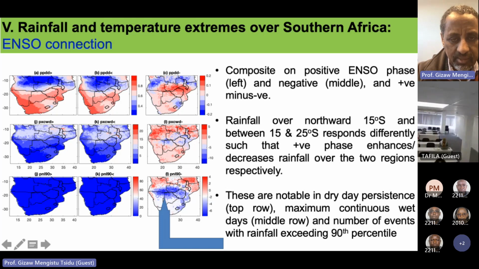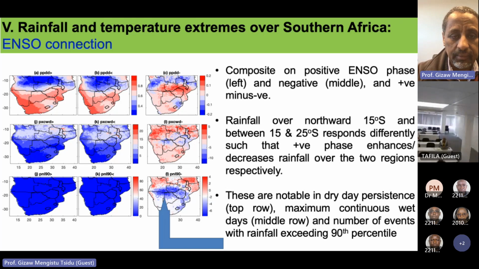But what you see here is that over this region, Angola, part of southern DRC, and then Zambia, part of northern Mozambique, you have the opposite effect.